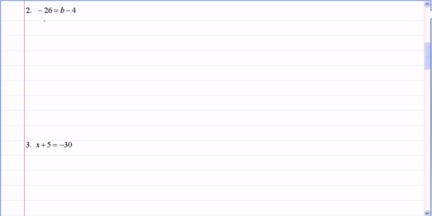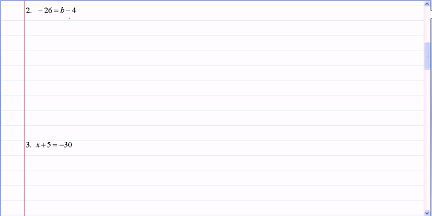For number 2, negative 26 equals b minus 4. Once again, the goal is to solve for the variable. The variable in this problem is b, but there is a 4 that is being subtracted from b. So we want to move the number over to the left side of the equation. To do that, we take the opposite operation.